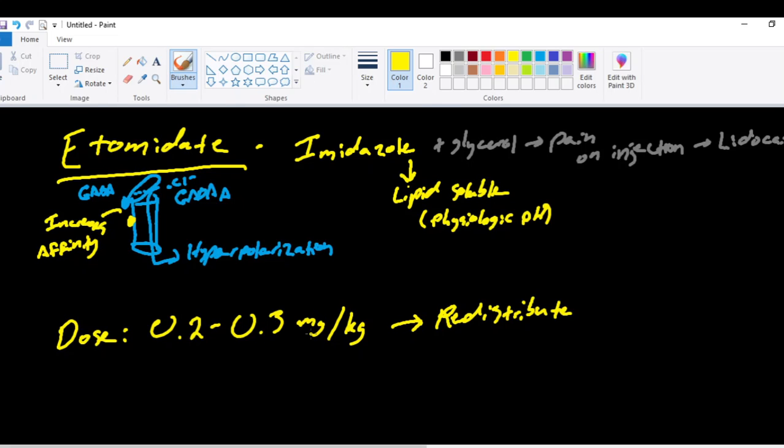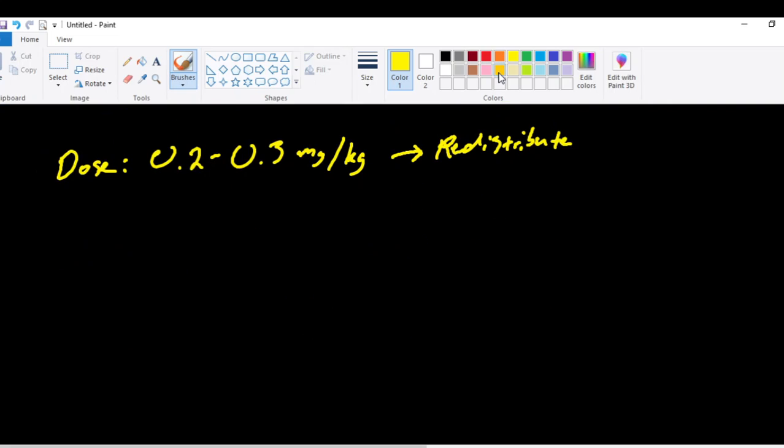Now we're going to talk about the metabolism and excretion of etomidate. So etomidate gets metabolized in two locations. I'll draw our blood vessels here.